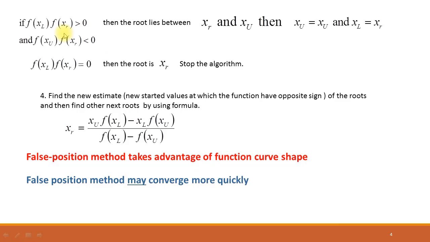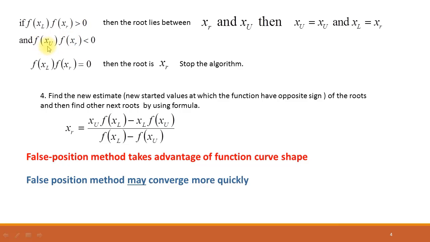Now if the product of the function estimates at xl and xr is greater than 0, it means that the function has the same sign at xl and xr. Suppose both are negative, then negative times negative is positive, so the product will be greater than 0.